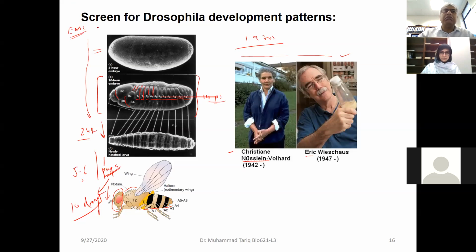They took males and fed them EMS mixed in sugar, and then these males were simply crossed with normal wild type females, and in the progeny they looked for any segmentation defects.